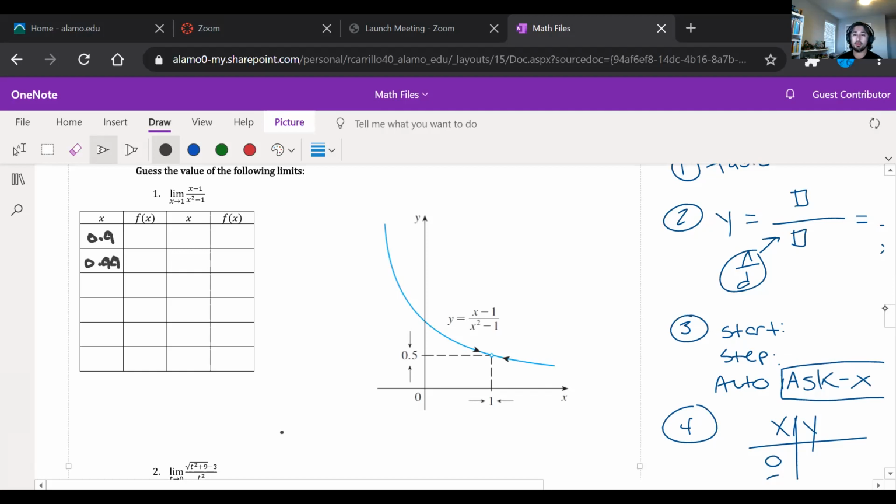Hopefully that's legible. Yeah. And 0.999, do a little ellipses, 99999. Yeah.